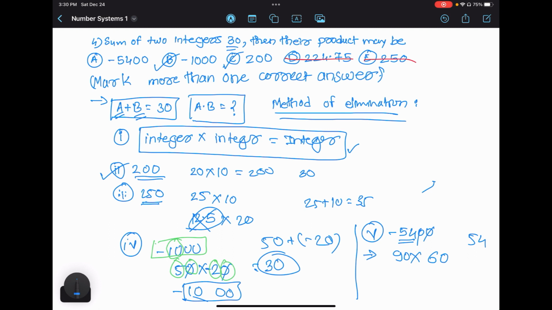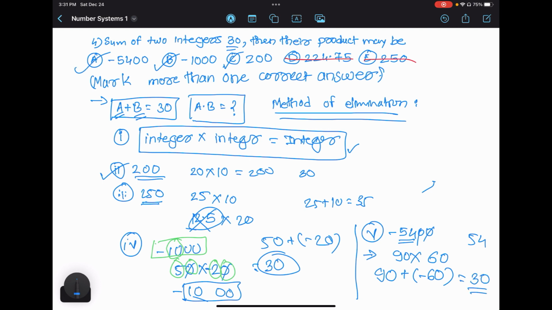So 90 multiplied by 60 can become 5400. At least one number should be negative to make minus 5400. But which number should that be? In the easiest form, one number is 90, and if we make 60 negative, so plus minus 60, that's the only way the addition should be 30.